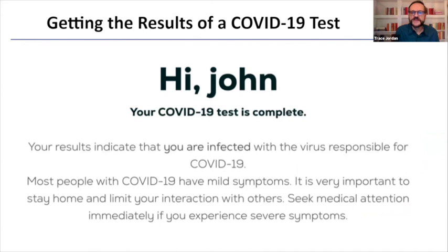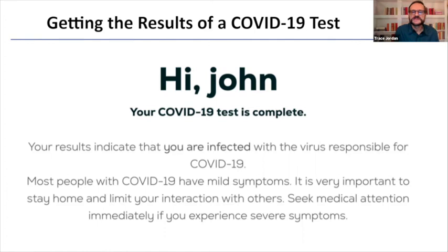So first of all, the virus responsible for COVID-19 is a type of coronavirus, in particular SARS-CoV-2. And we learned that this virus has an RNA genome and spike proteins that it uses to attach to cells during the process of infection.